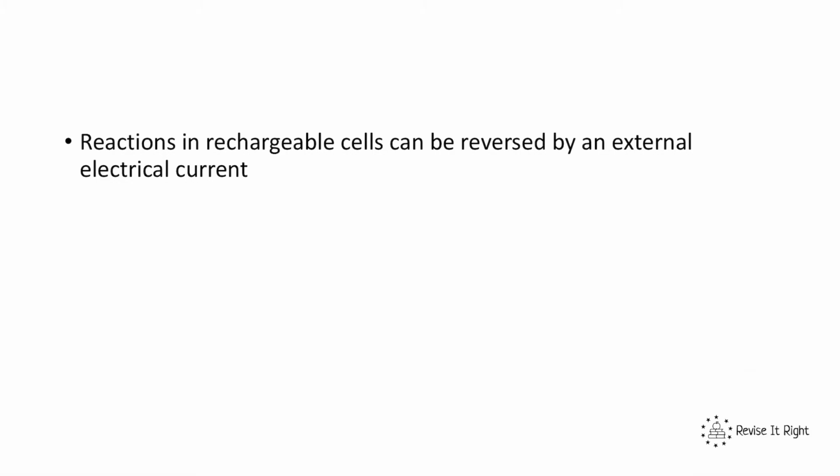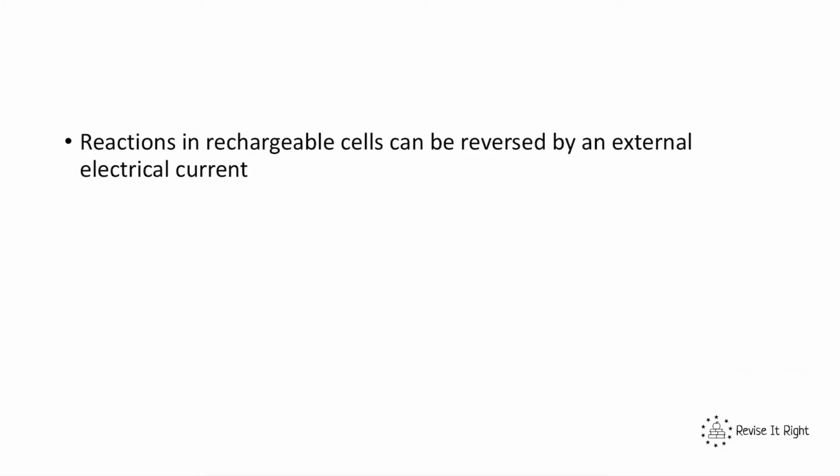So the important difference between non-rechargeable and rechargeable batteries is that in non-rechargeable, the reactions cannot be reversed, so the ions cannot be turned back from the products. Once they're used up, the battery no longer works. Whereas in rechargeable batteries, the reaction can be reversed, and therefore the products can be turned back into ions, which can then produce electricity again, and they can be reused.